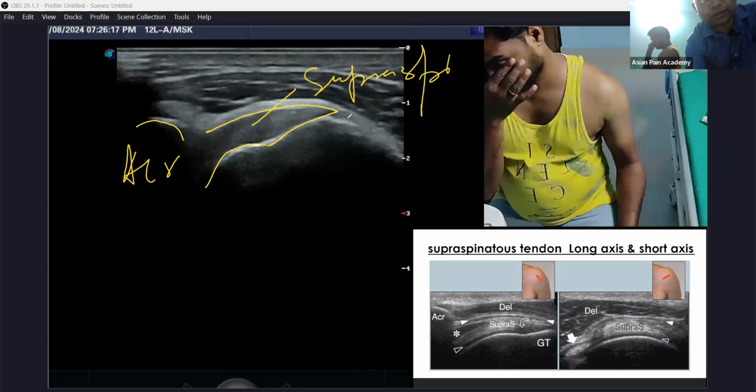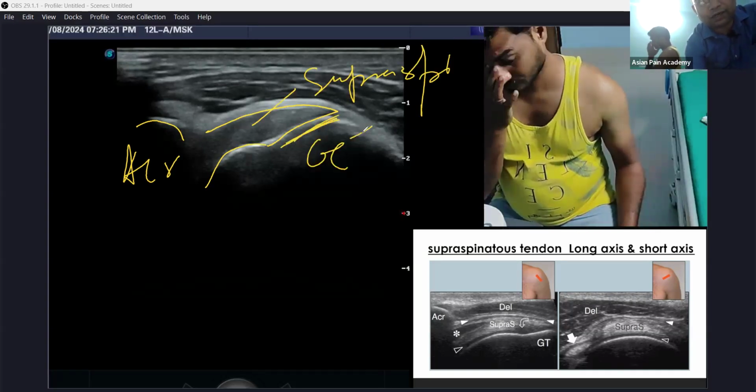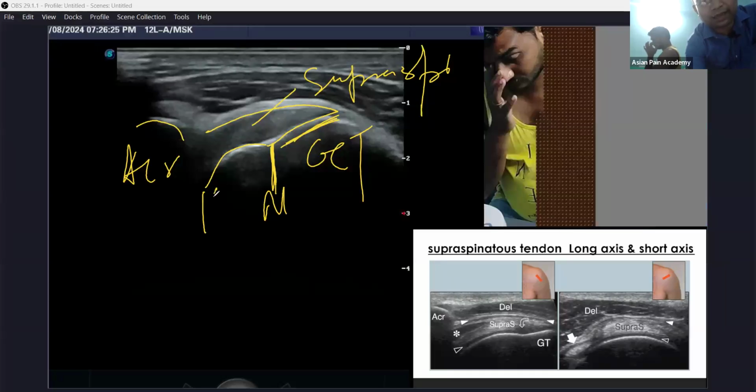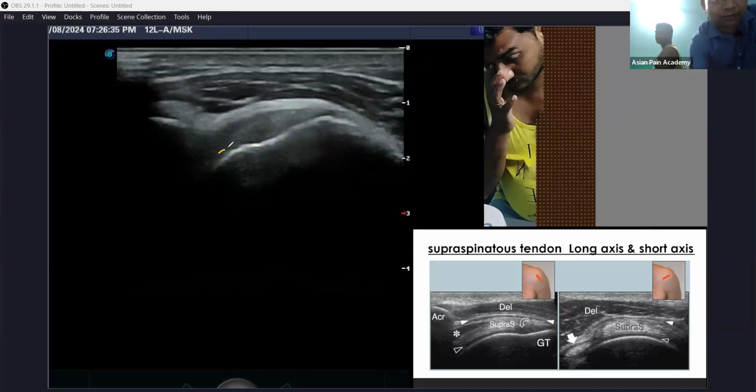Okay. Actually this area is greater tuberosity. This is the neck, and this is the starting of humeral head. It will be like this, but we cannot see, but this is the starting of humeral head. Here sometimes a part of cartilage is also seen.